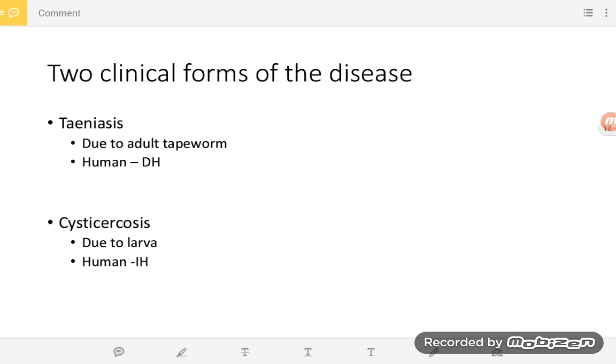These adults produce the clinical symptoms, the clinical disease we call teniasis. In this situation, human acts as a definitive host.